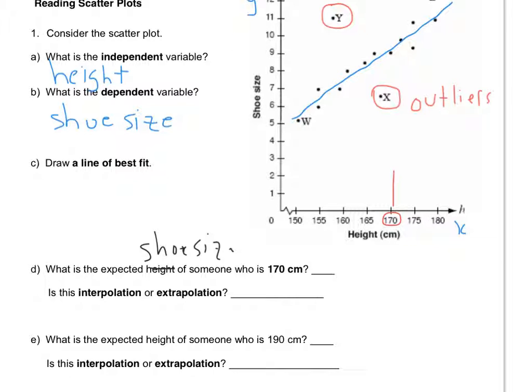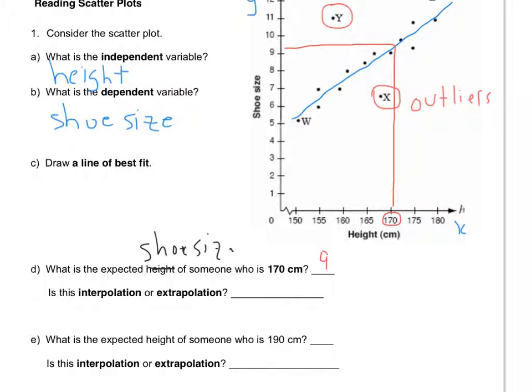Draw your ruler up to your line of best fit, and then draw over to your y-axis. And again, this should be done with a ruler. My line goes to just above 9, so I'm just going to say shoe size 9. I could say 9.5 because shoe sizes do sometimes come in half sizes.